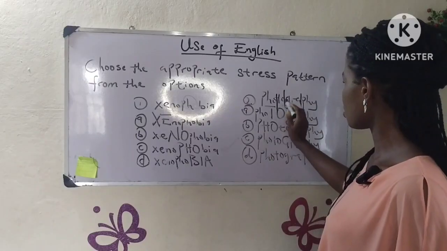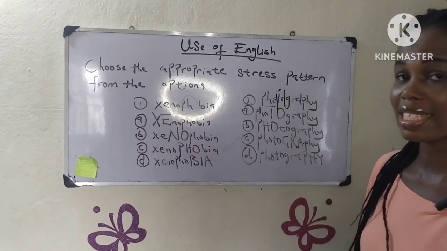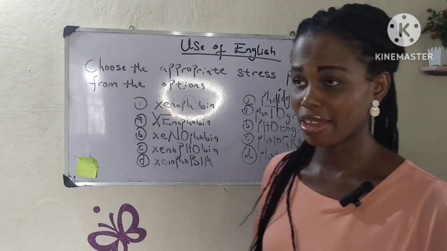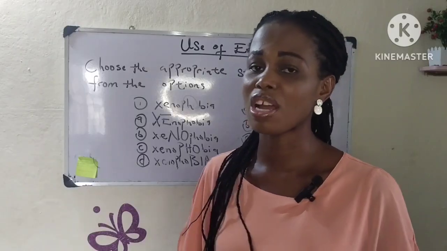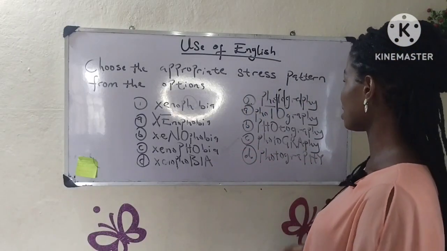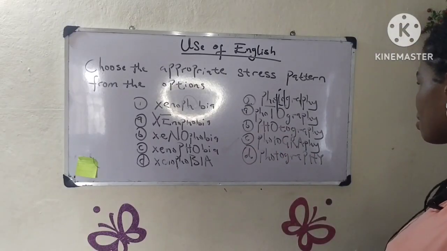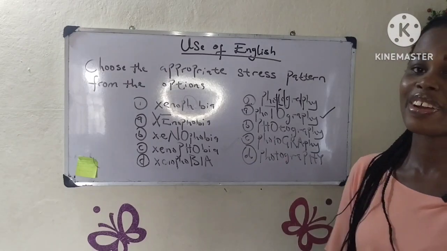So photography has the stress on TO because the word ends with P-H-Y. Geography, topography, etc. Words like that that end with P-H-Y, please stress the third syllable from the end. So which one is correct? Option A is the correct answer.